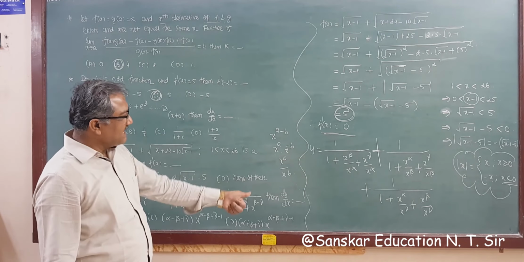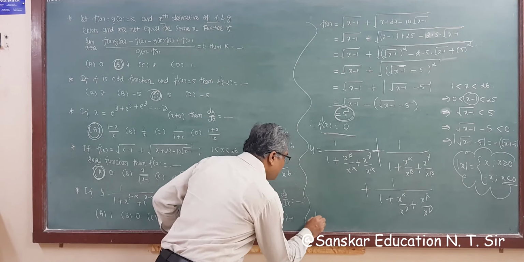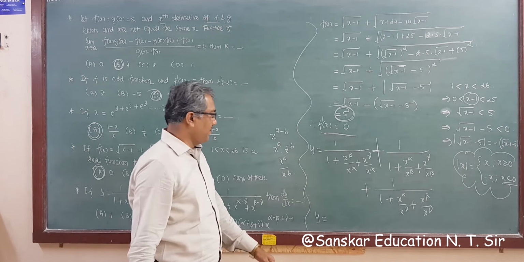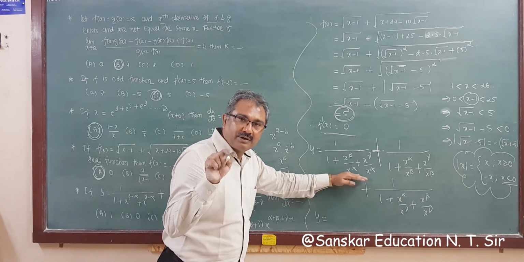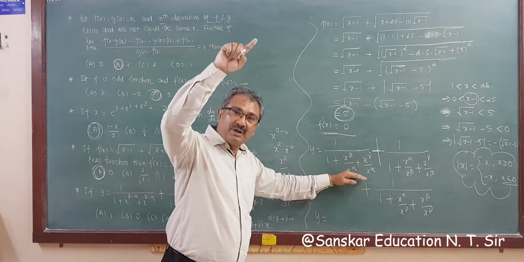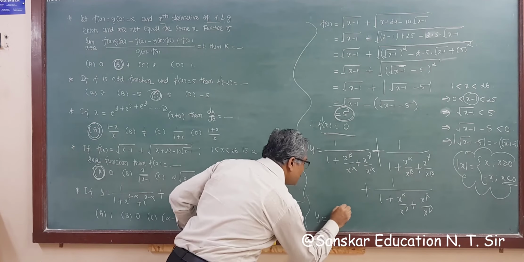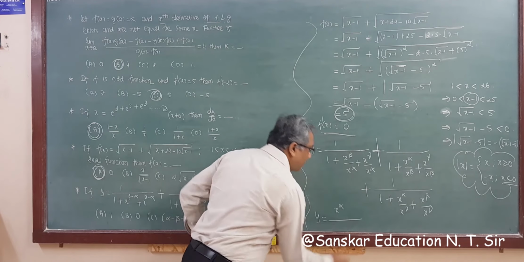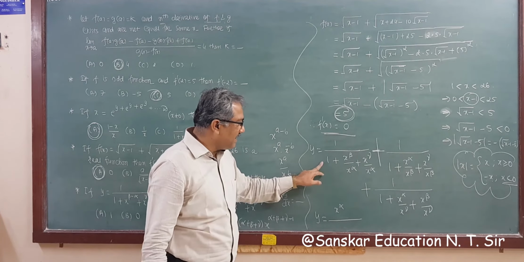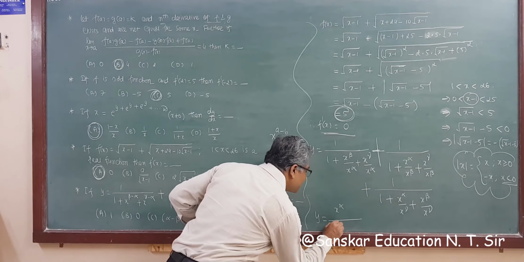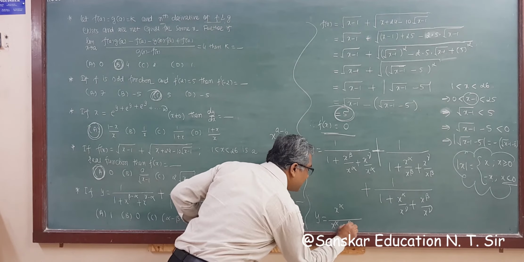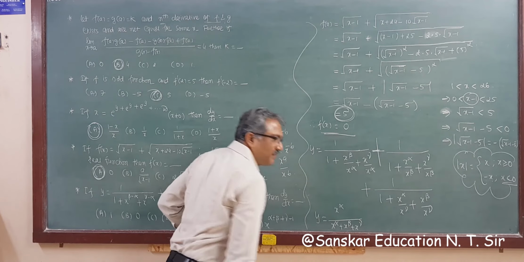So taking the LCM, what do we get? We get y is equal to x raised to alpha is the LCM. So the denominator of the denominator goes to the numerator. So this is x raised to alpha whole upon x raised to alpha plus x raised to beta plus x raised to gamma.